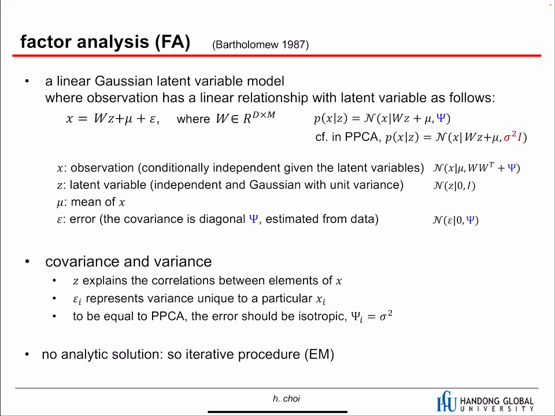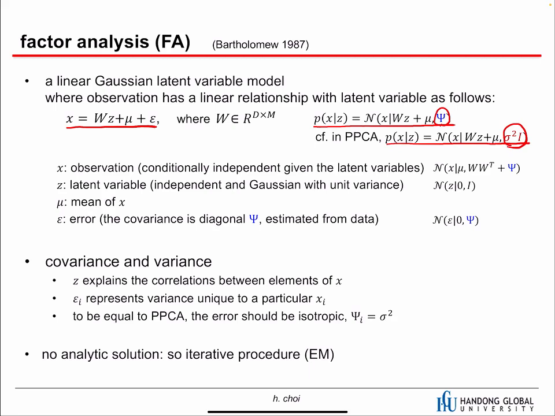Factor analysis is a linear Gaussian latent variable model where the observation has a linear relationship with the latent variable as follows. And this equation is exactly the same as PPCA. The conditional probability of x given z is defined by this. And for your information, in PPCA, this conditional probability was defined by this. So the difference is psi versus sigma square times the identity matrix.